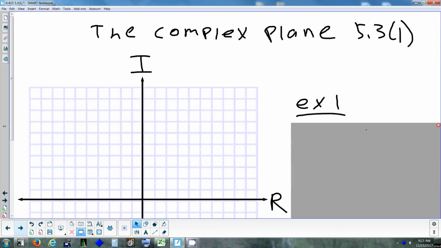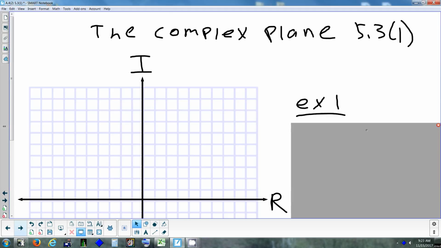All right, so the first thing they do in 5.3, it's a little bit separate from what I just mentioned, but it's graphing complex numbers. And if you know how to graph on an XY grid, graphing complex numbers is super easy. Instead of calling it the X and the Y axis, they call it the real and the imaginary. Real axis is horizontal, imaginary is your vertical.